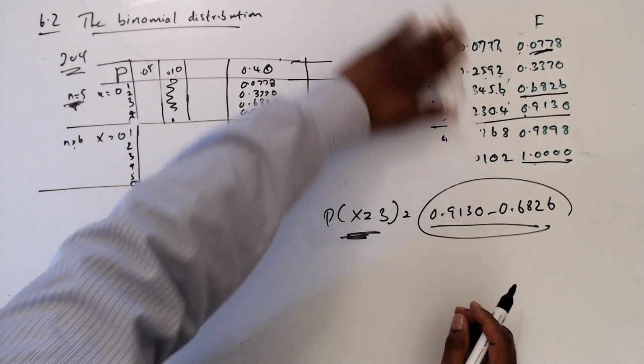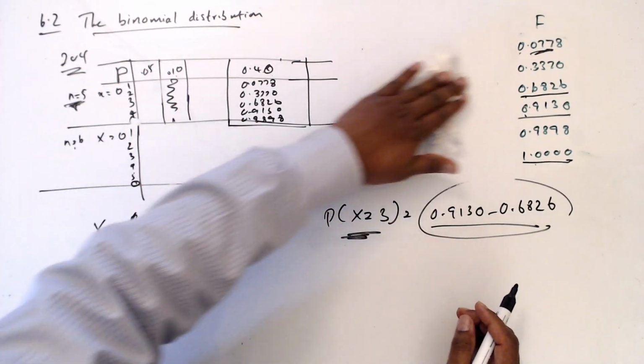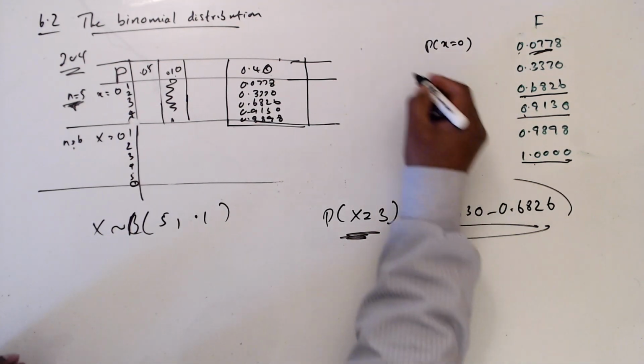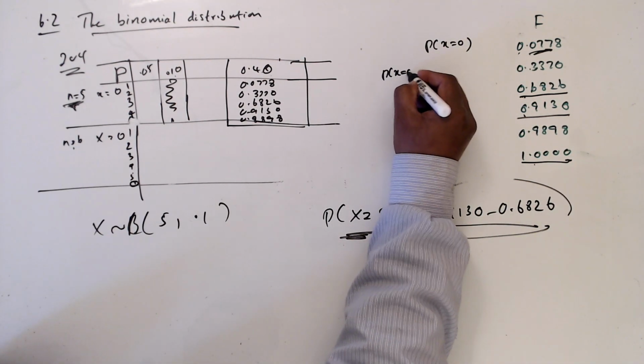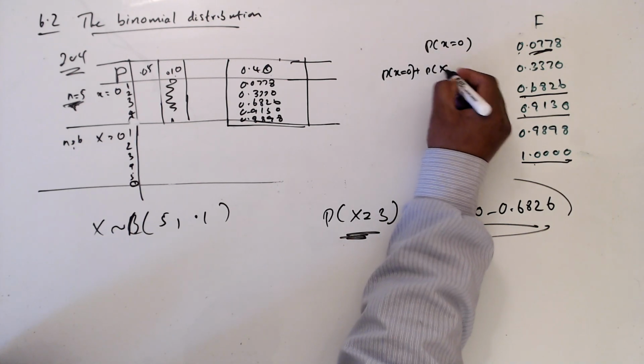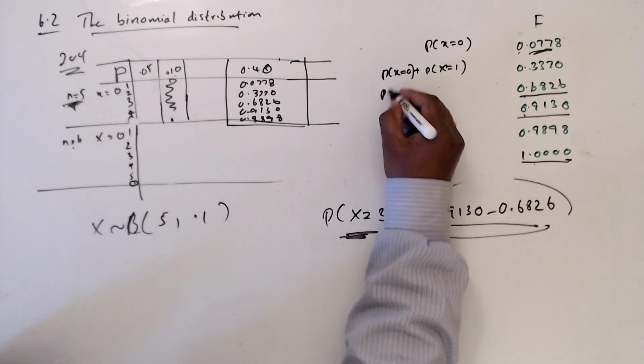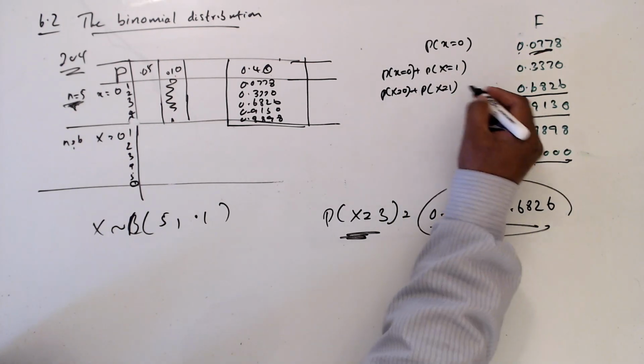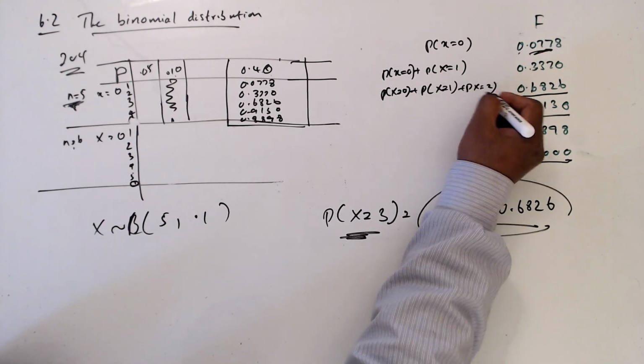In this table, this is probability of x equals 0. This is probability of x equals 0 plus probability of x equal 1. This is probability of x equals 0 plus x equal 1 plus x equal 2.